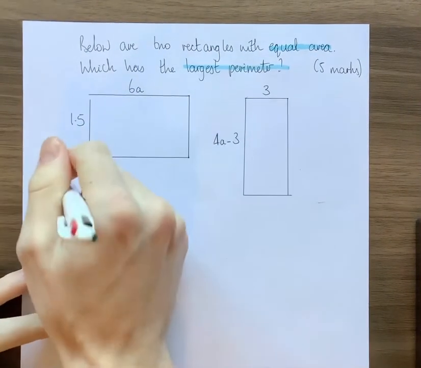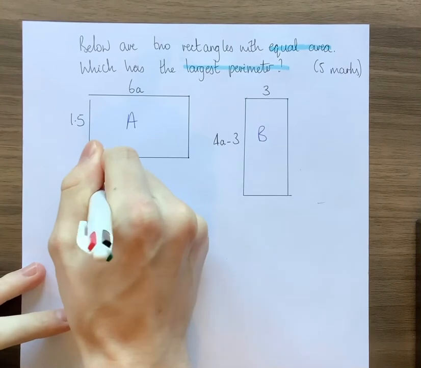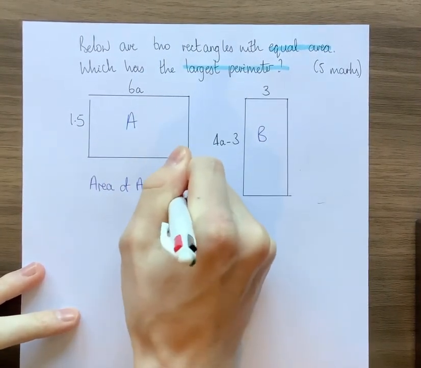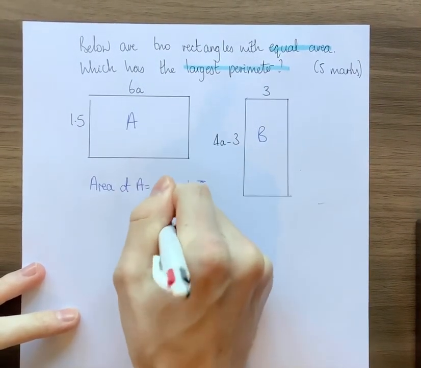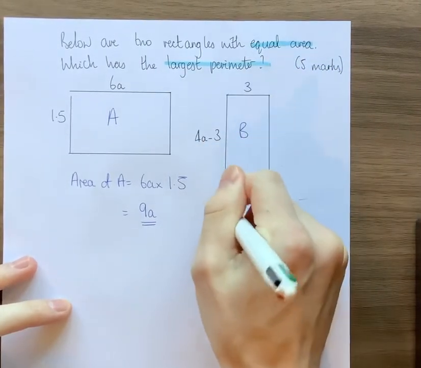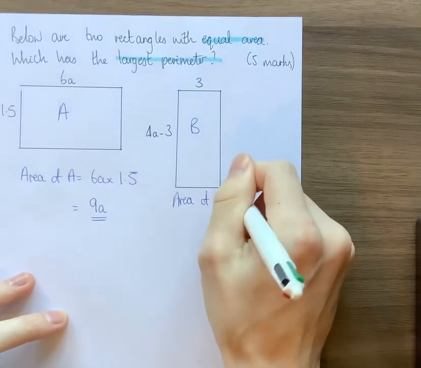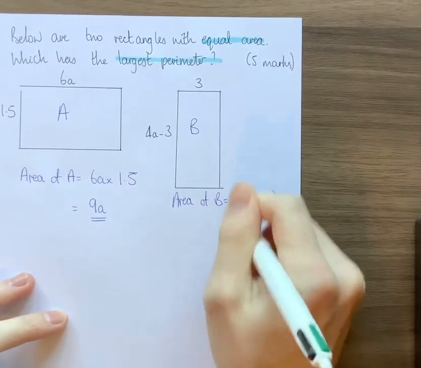So I'm going to do the area of A. Area of A equals 6a times 1.5. Now when I do that calculation, I get 9a. Area of B, again I'm doing base times height, so 3 times 4a minus 3. Now I can expand that.